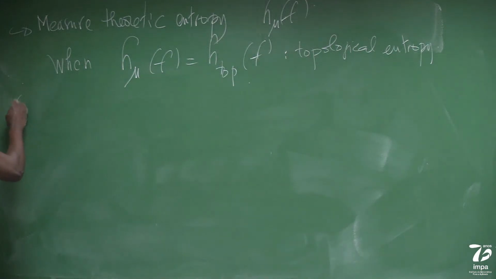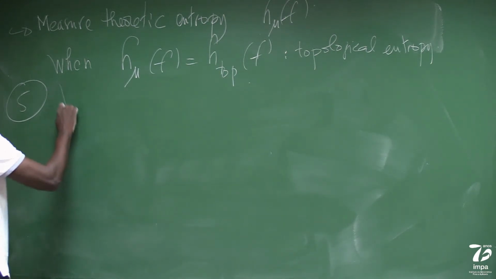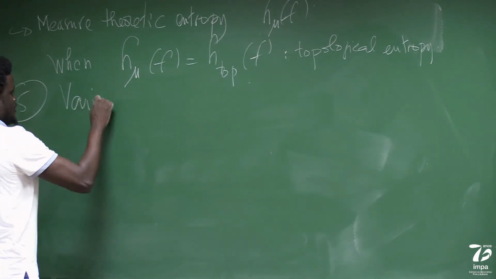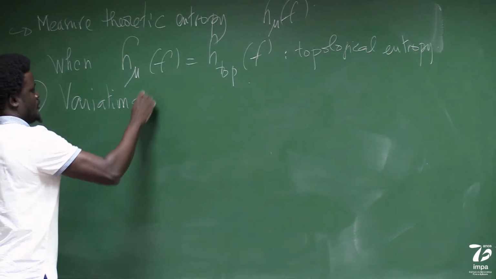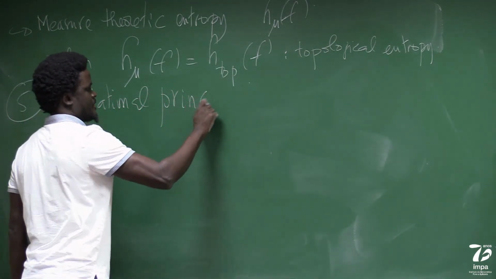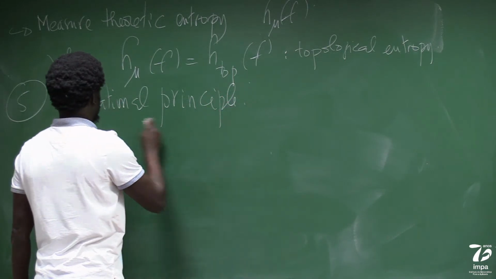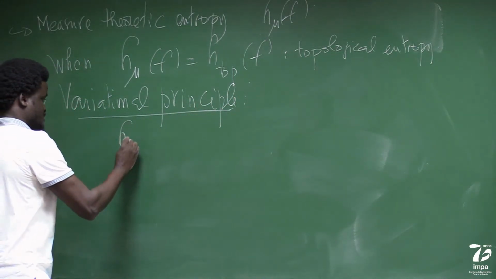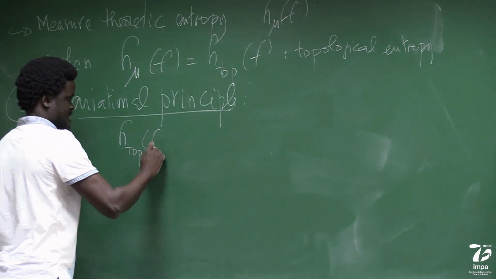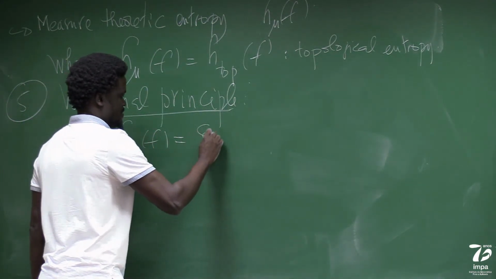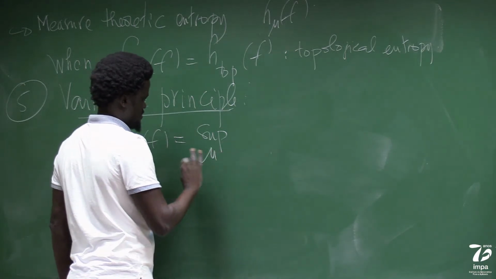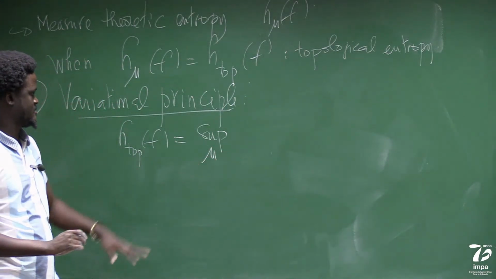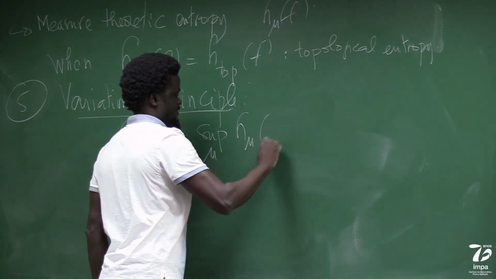This is a chapter that we will reach probably by November, I hope so. The variational principle is just telling you that the topological entropy of a system is the supremum over mu of h mu of f. I'm not very precise here.